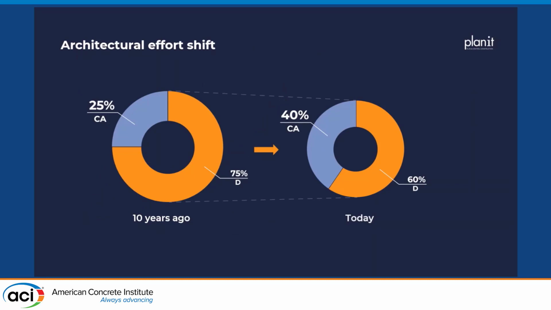When we talked with design teams, we learned that in the past, 25% of their effort was construction administration and 75% was spent in design. Today, 40%, and I made this slide also in 2017, and 60% in design. So the effort is moving to the right.